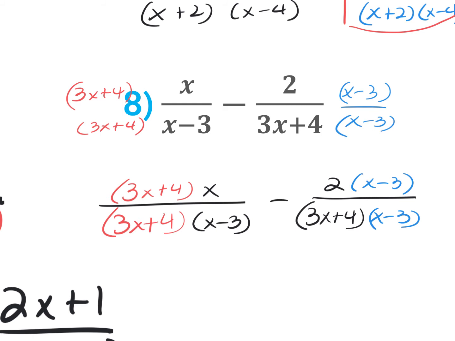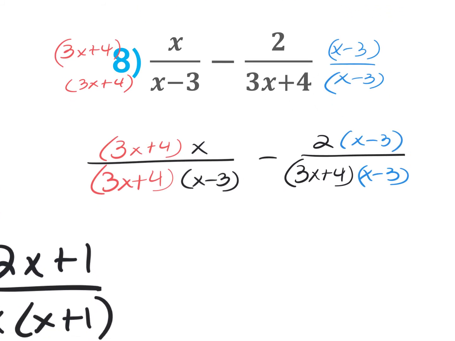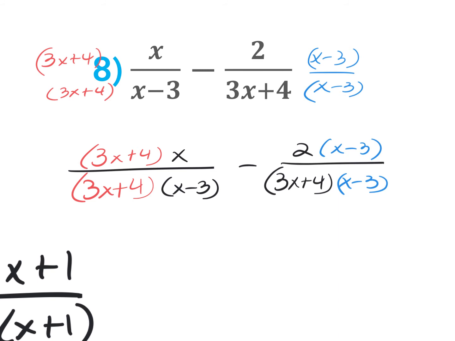So now let me go ahead and multiply and distribute here. So for this numerator here, I'm going to distribute the x to the 3x and the x to the 4. And then over here, same thing. Now, this subtraction, if it's easier for you to think of this, keep flip change and make that a -2 to distribute.